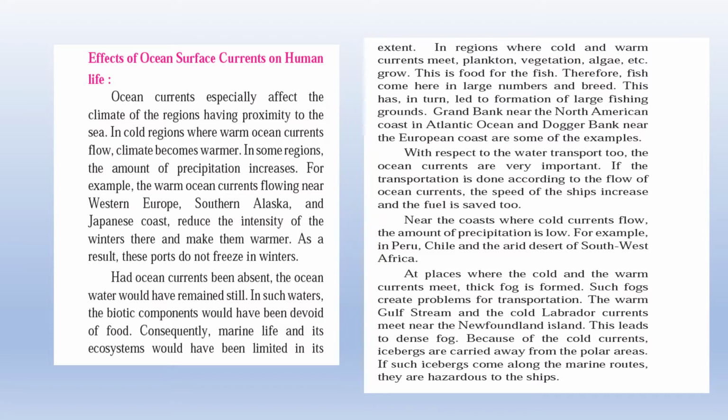The Grand Banks in North America or the Dogger Bank near the European coast are such examples. We also know that different ecosystems come into existence because of this mixing of water currents. Near the coast where cold currents flow, the amount of precipitation is low, and where cold and warm currents meet, we find typical fog developing.